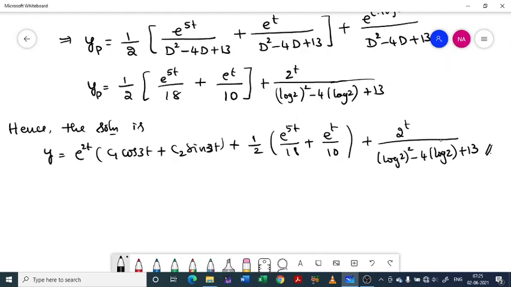So this completes the solution of problem F. So with this let us wind up the discussion on type 1 problems.